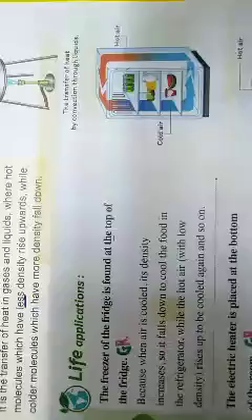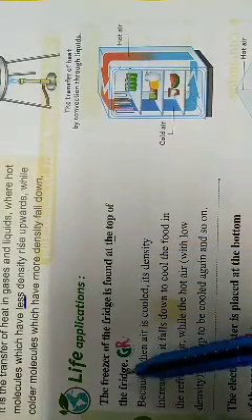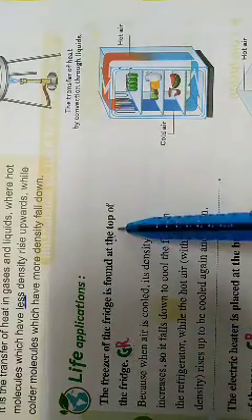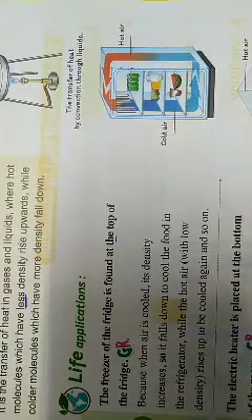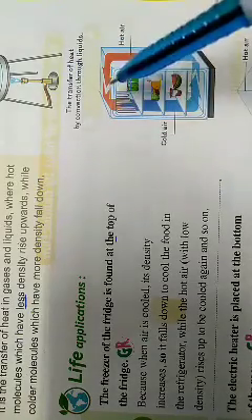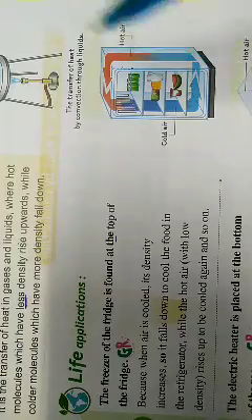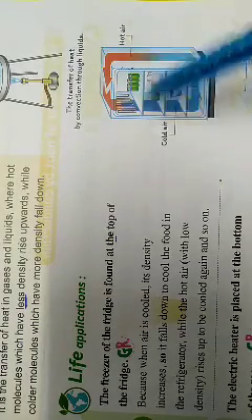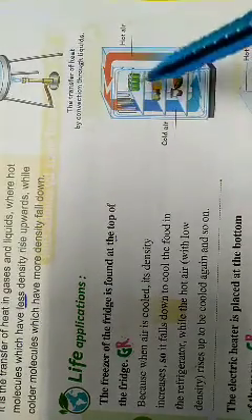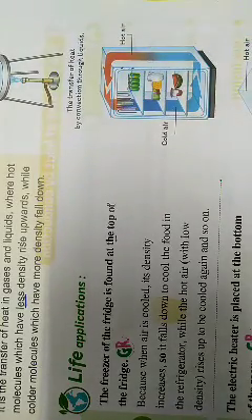Give reason number one. The freezer of the fridge is found at the top of the fridge. Why? Because when the air is cooled, its density increases, so it falls down to cool the food.